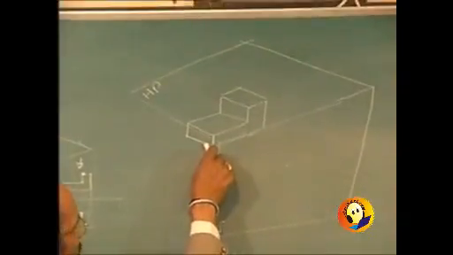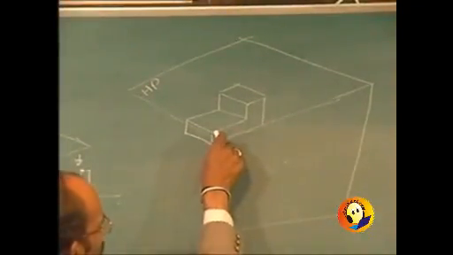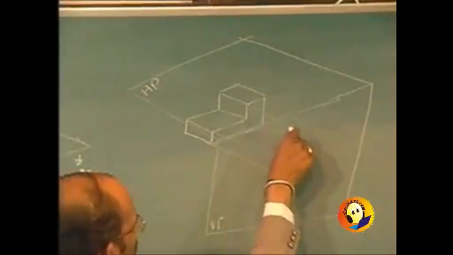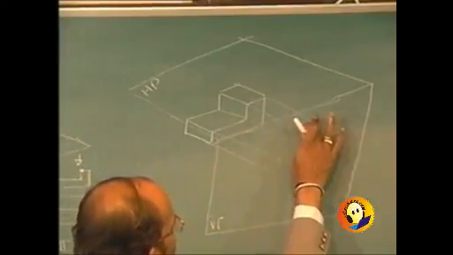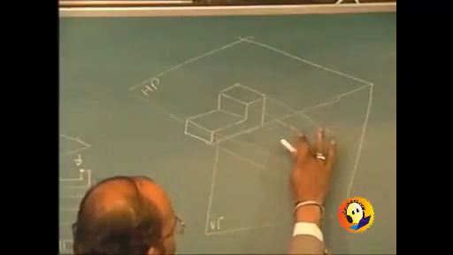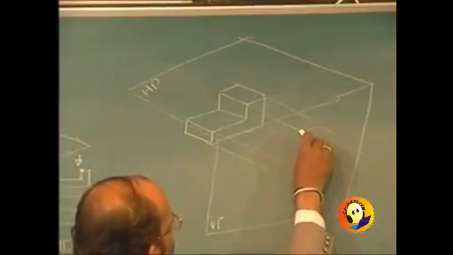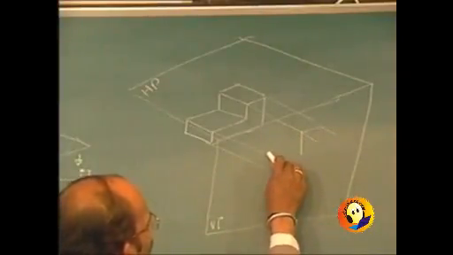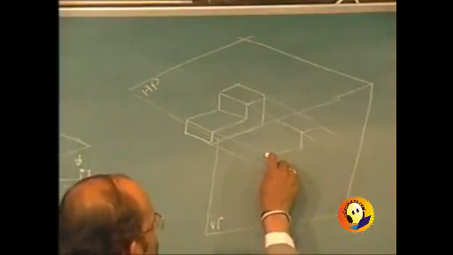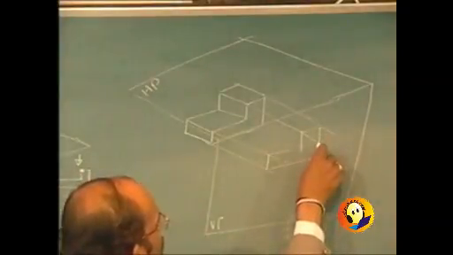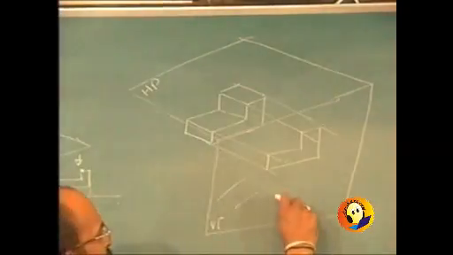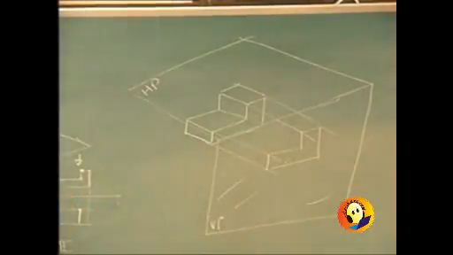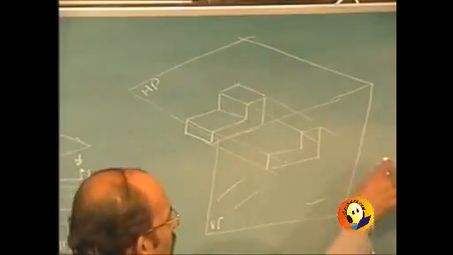Now to obtain the projection of this particular object, I will have to consider that the vertical plane is a transparent one. Then and then only I can actually take the projection of the particular object. I am to project it on vertical plane, that's why this particular plane should be a transparent one, and we are still looking from the same direction.